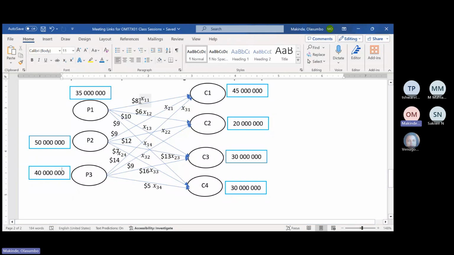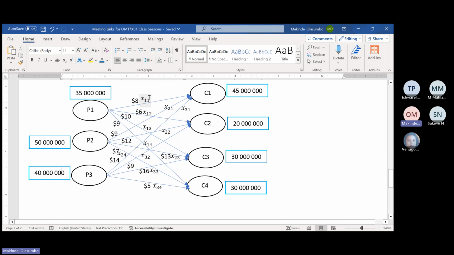So we want to minimize that total cost. To have that expression, don't forget, just to ship 1 million kilowatt is $8. Depending on how many millions of kilowatt you ship, that will give you the total cost. That means the cost of shipping from P1 to C1 is 8 times X11.